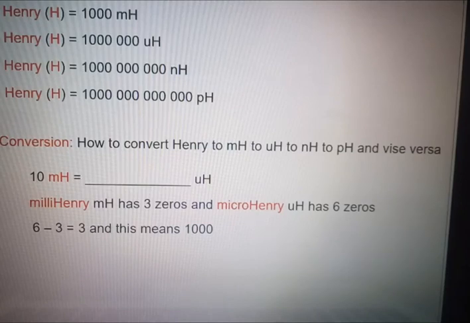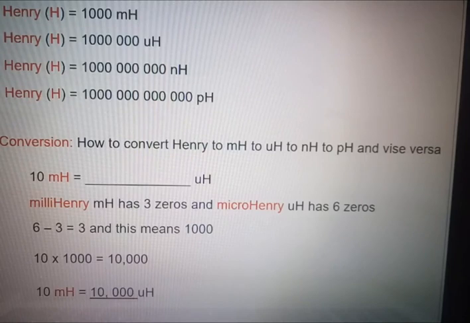So you're going to multiply 10 millihenry times 1000, that is equal to 10,000. So your 10 millihenry now will become or equal to 10,000 microhenry.